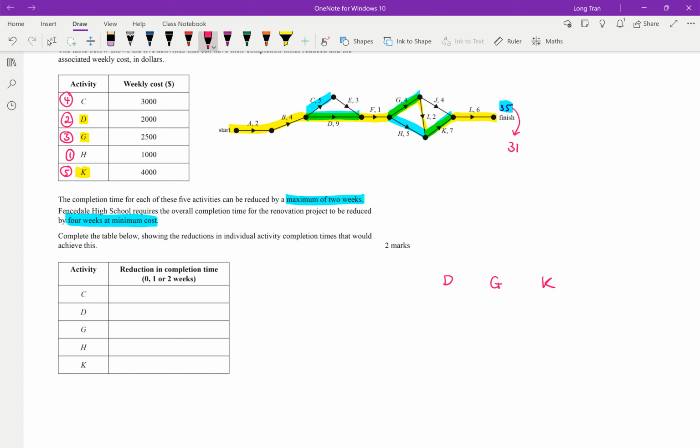If I want to reduce it by 4 overall, okay, I don't have to take away 2, take away 2, take away 2, because then that's taking away 6, right? Well, then I could do, say, D is 2, G is 2, and then say K is 0, right? I could do, say, maybe D is 0, G is 2, and K is 2. So that will reduce by 4.